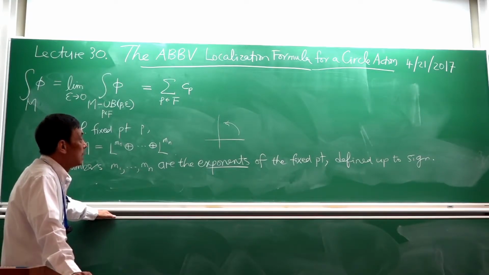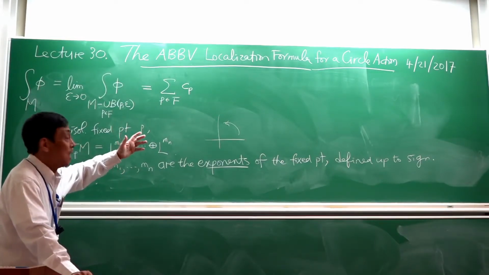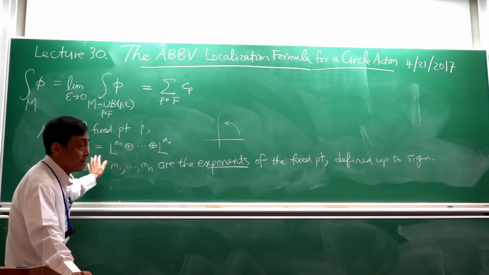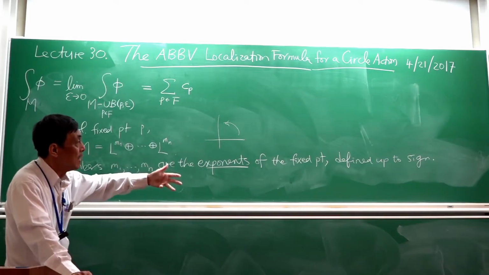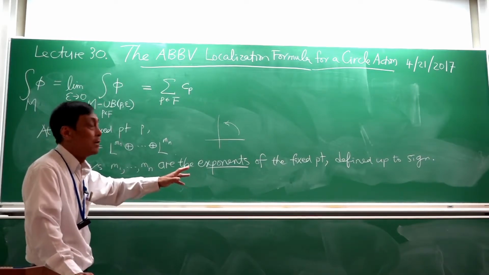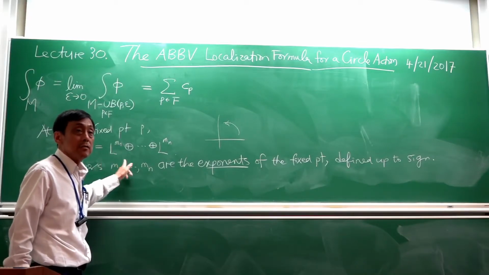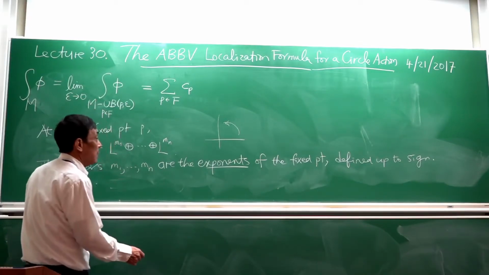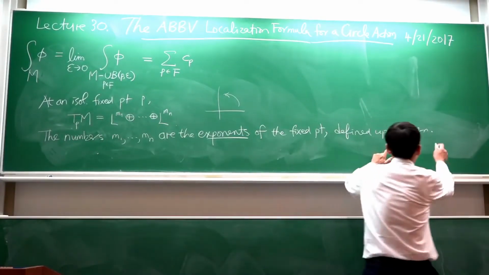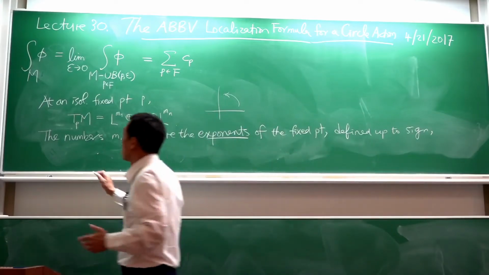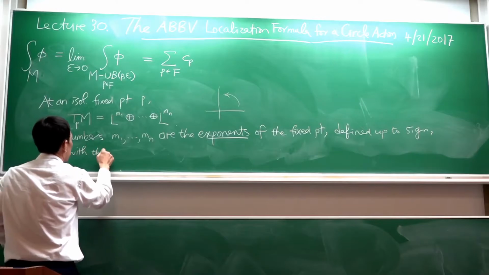Well, one way is that in the formula, you can put in a minus sign if they don't agree. But another way is to say that we define the exponents up to sign, however you want the two orientations on the two sides to agree.